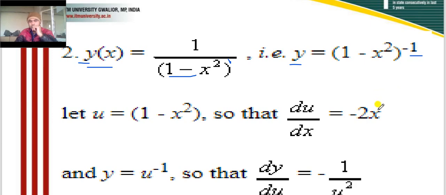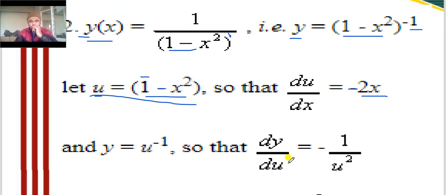We assume 1 minus x square as u. To find du upon dx, we differentiate this with respect to x. Differentiation of 1 is 0, and this is minus, so we write minus x to the power 2. Differentiation of x square is 2x.